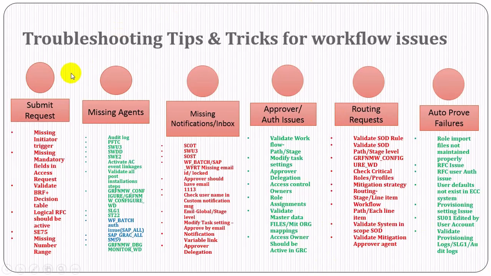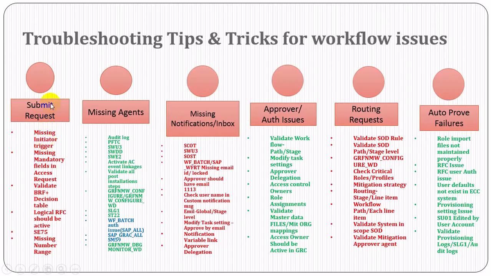So we'll consider the GRC request submission. There are various stages. First, we will be able to submit the request. In case we are not able to submit the request, what are the steps? First, request submission.